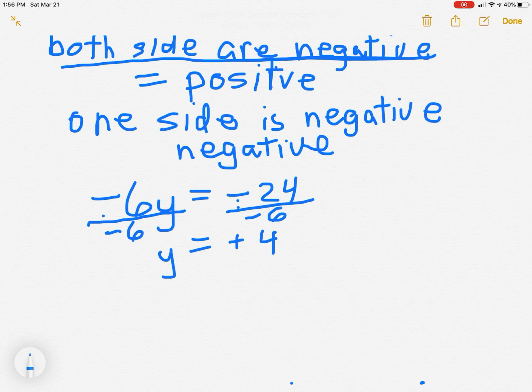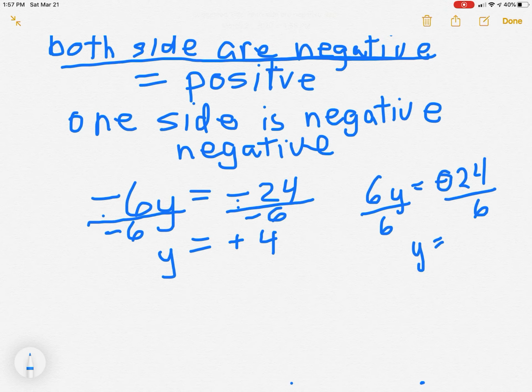Okay? Let's try it if one side is negative. Let's just do the same problem. 6y is equal to minus 24. So if you divide 6 on both sides, you're left with y is equal to, see there's just one negative side, so a negative 4.